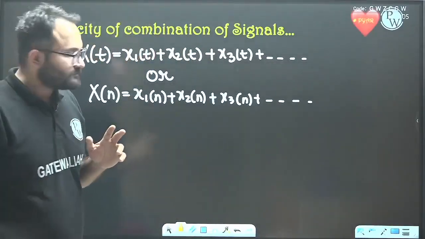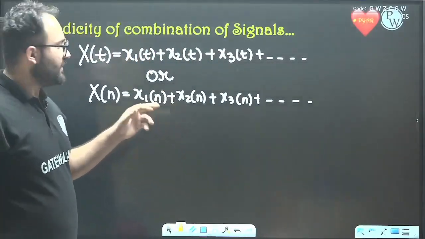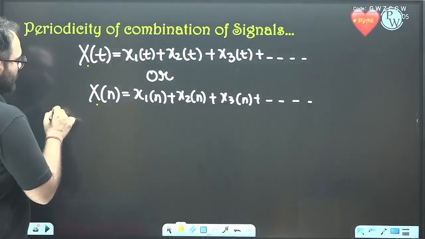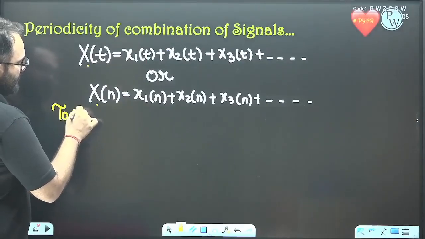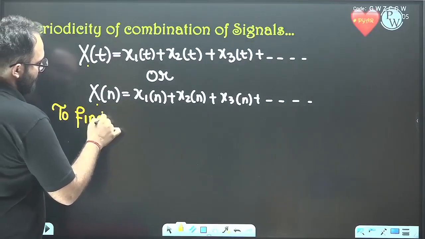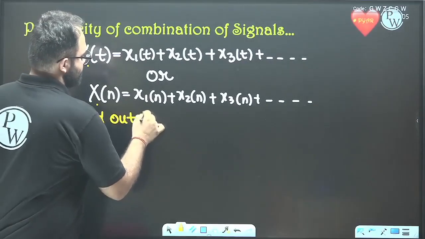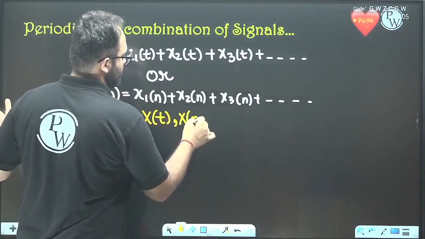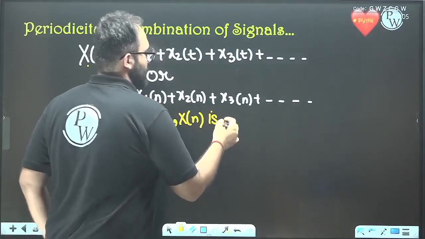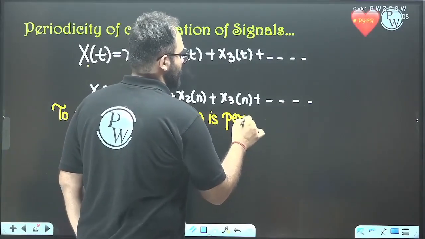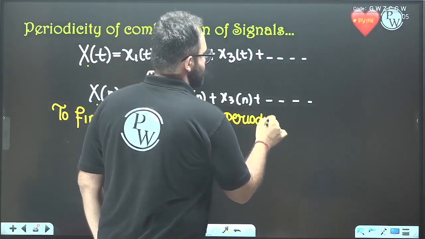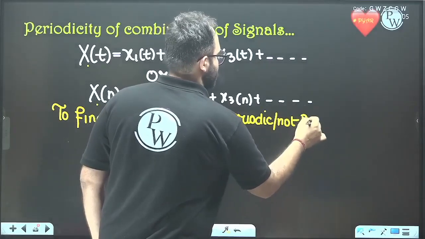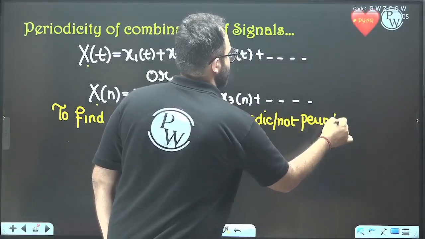Now we have to find the period of this signal. Our motive is to find out whether capital Xt or capital Xn is periodic or not. Okay, this is our motive.